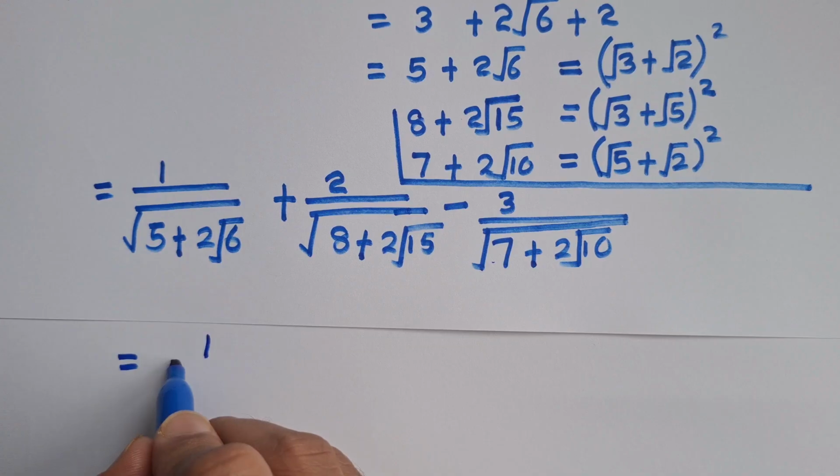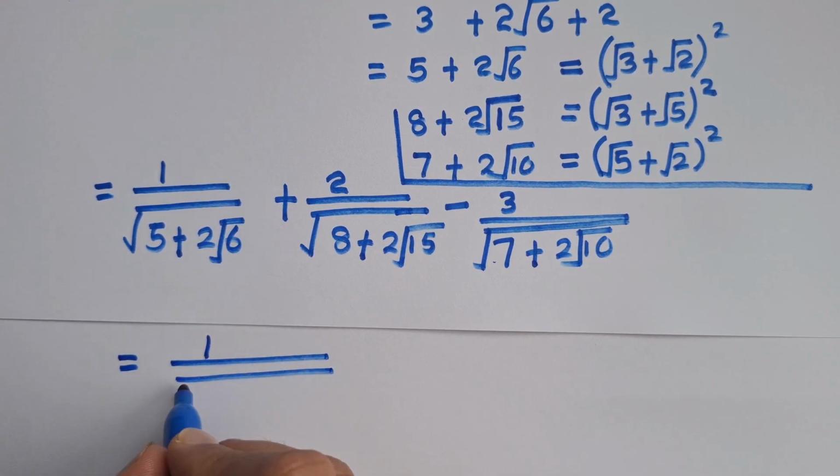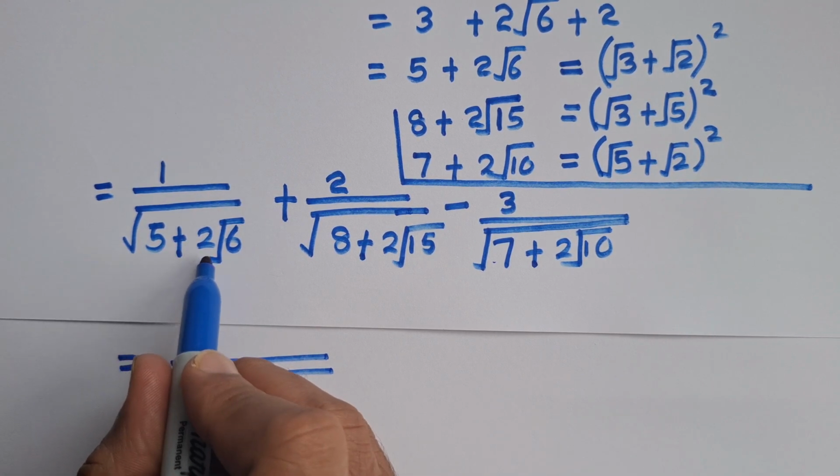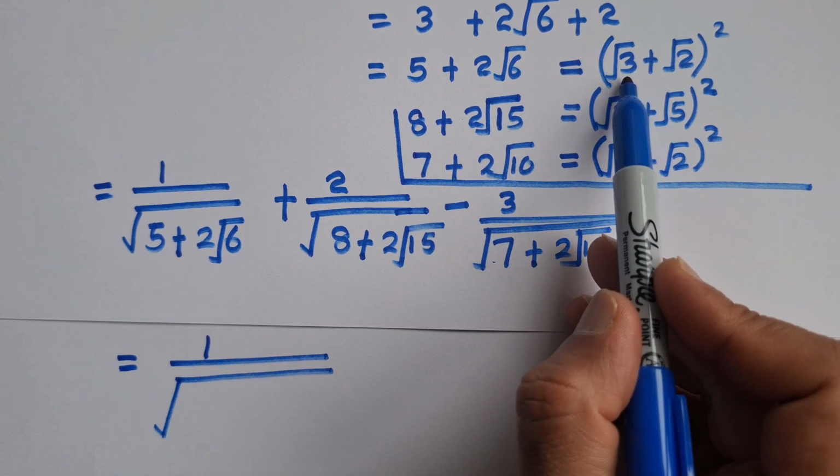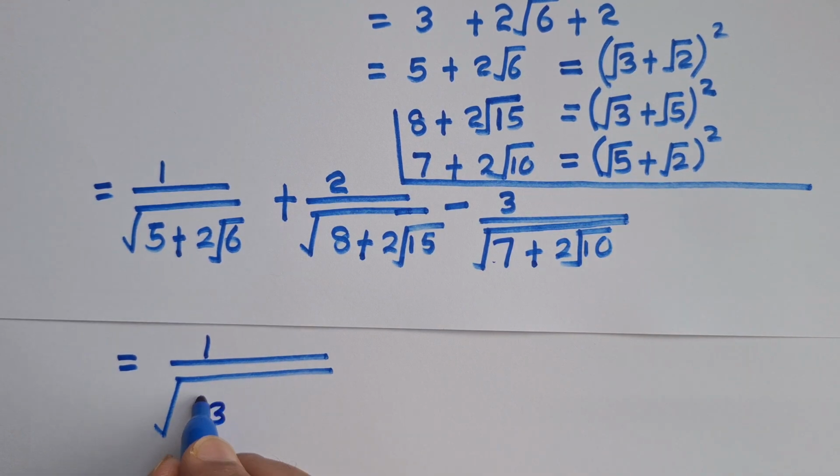So now I have 1 over square root of 5 plus 2 times square root of 6, which is equal to this one.